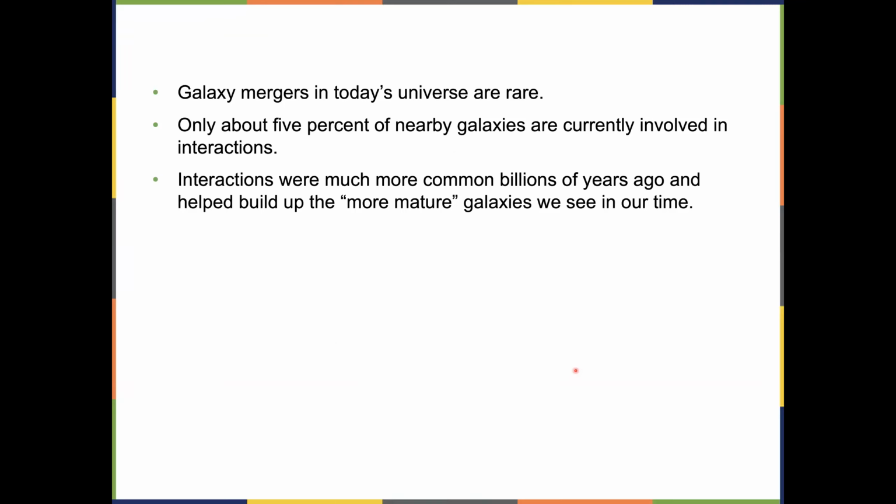So you would expect that there were more interactions between galaxies, right? But as a result, in the present universe, what we can see is more mature galaxies. So more mature galaxies are created as a result of these different interactions between galaxies.